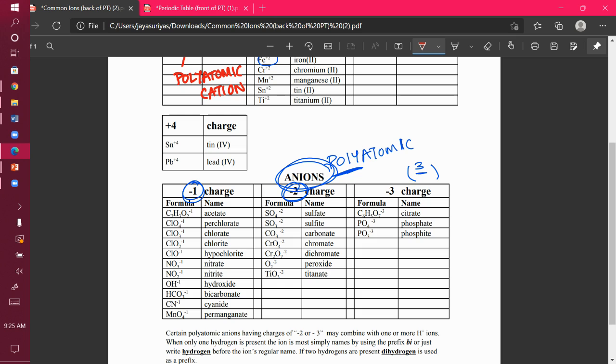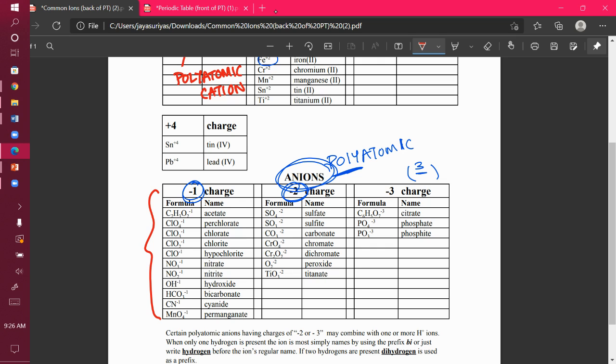Now, look at how they are polyatomic. You have many elements together. They form one unit, and that unit has a charge of -1. To make this easy, so that it represents a unit, every time you take something from here, you have to put it into parentheses. Here's what I mean.